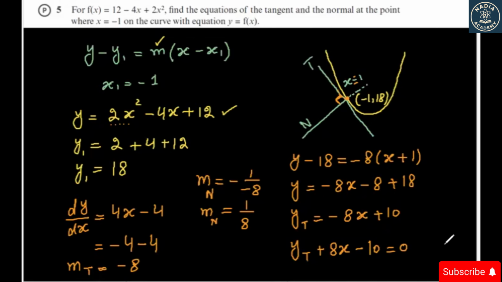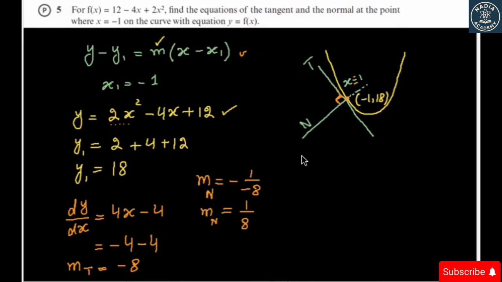Then you can also find the equation of the normal by using the same general equation. So for the equation of the normal, y minus 18, because the normal is also at the same point, is equal to the gradient of the normal, 1 over 8, times x minus -1, that will be x plus 1. Now you can simplify it.